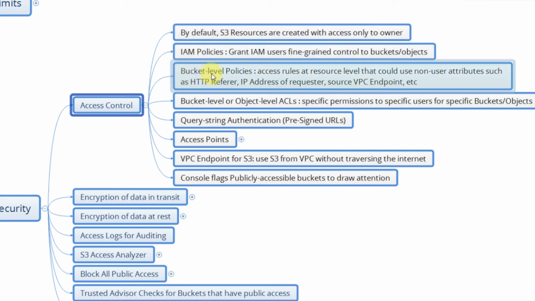Bucket level policies or resource-based policies can use access rules at the resource level that could use non-user attributes such as HTTP referrer, IP address, source VPC endpoints, etc. to enforce access rules. There are also bucket level or object level access control lists. These are specific permissions to specific users for specific buckets and objects. One can also use query string authentication, also known as pre-signed URLs.